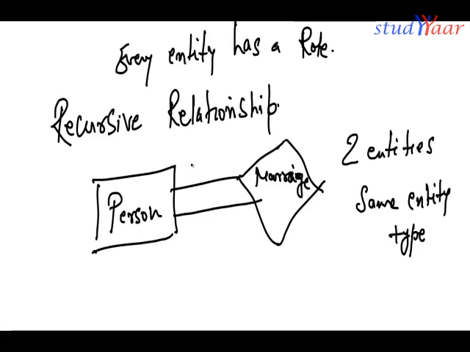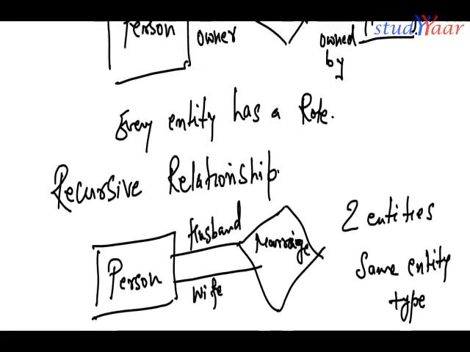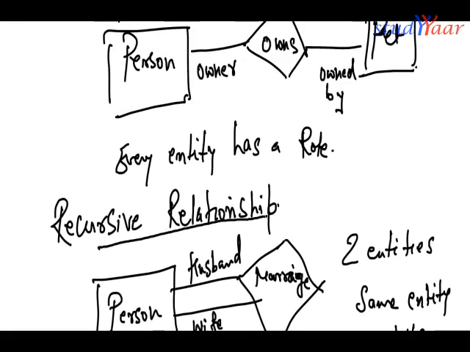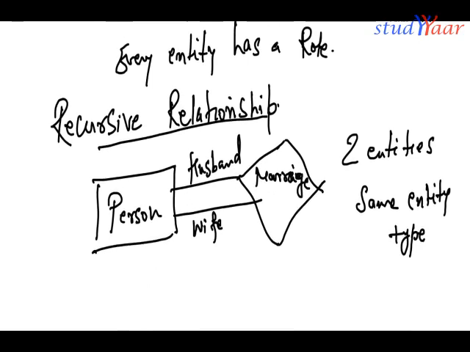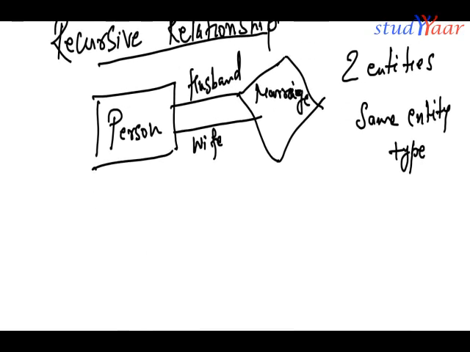One person is playing the role of a husband, and the other person is playing the role of a wife, right? So role is important in recursive relationships. It's most important in recursive relationships, I would rather say.